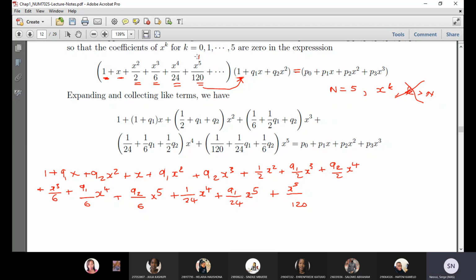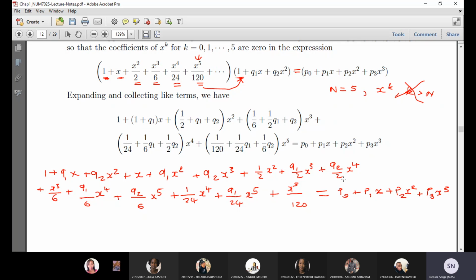So we only stop here. So the terms after are not important. So this is what you have after expanding, so we take this equal to the right-hand side. And what is our right-hand side? This is P0 plus P1x, P2x squared, P3x cubed.